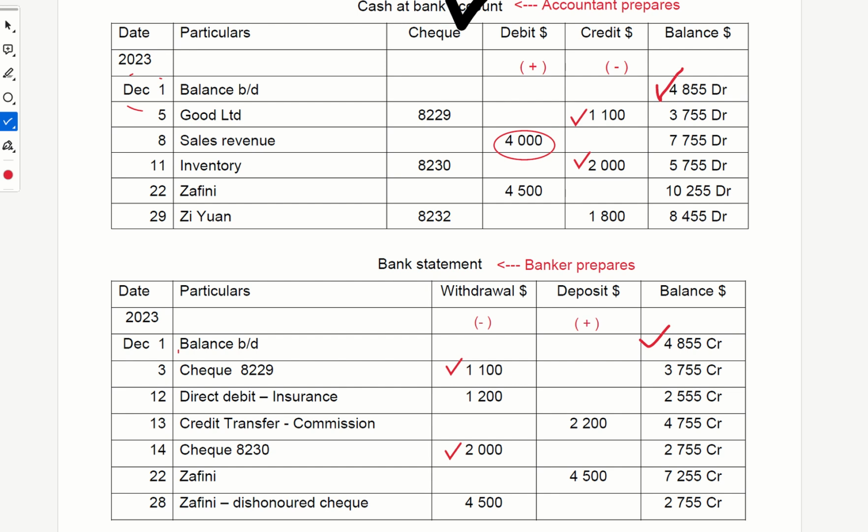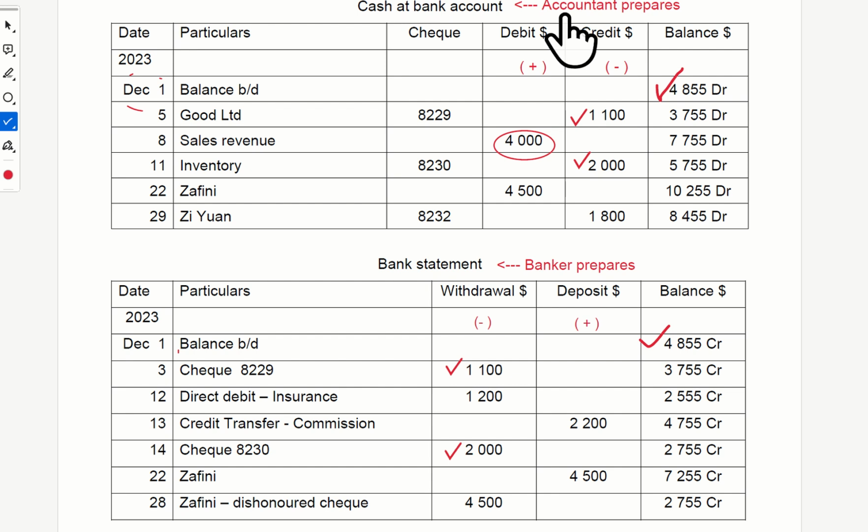In the cash at bank account, there's a debit or receipt of money, plus debit plus of 4,005. Is there the same in the bank statement? In the bank statement, oh, there's actually two 4,005, one on the 22nd and one on the 28th. But which one is the correct one? Should you tick the one in the withdrawal column or tick the one in the deposit column?